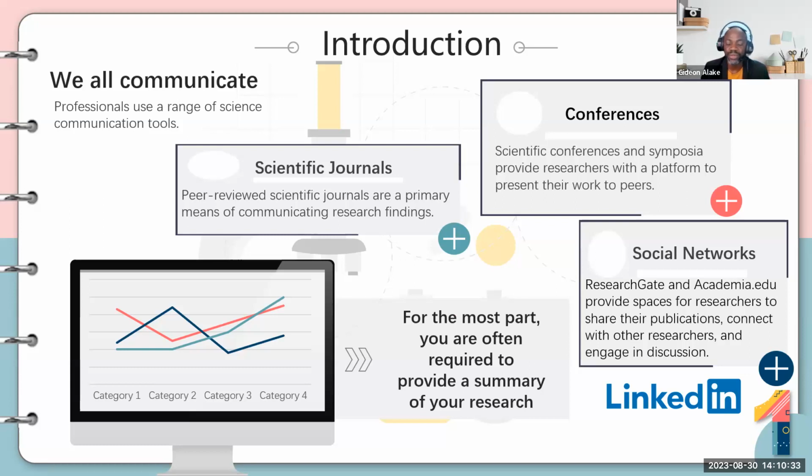You have symposia. You have even social networks like ResearchGate or academia.edu, where you can tell people about what you are doing. And one thing that is very common to most of these is that you are often required to provide a summary of your research, right?